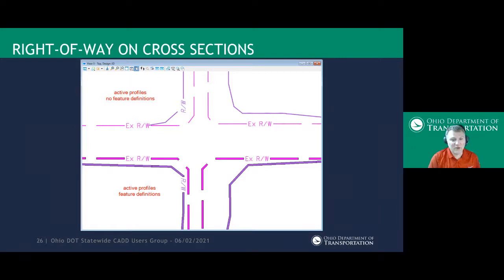On the bottom half of this intersection, these all had active profiles with feature definitions set, and you'll see that the 3D line style is a wider, fatter line. That's a quick way to see the difference between the two and make sure you have the correct symbology, or feature definitions, I should say.